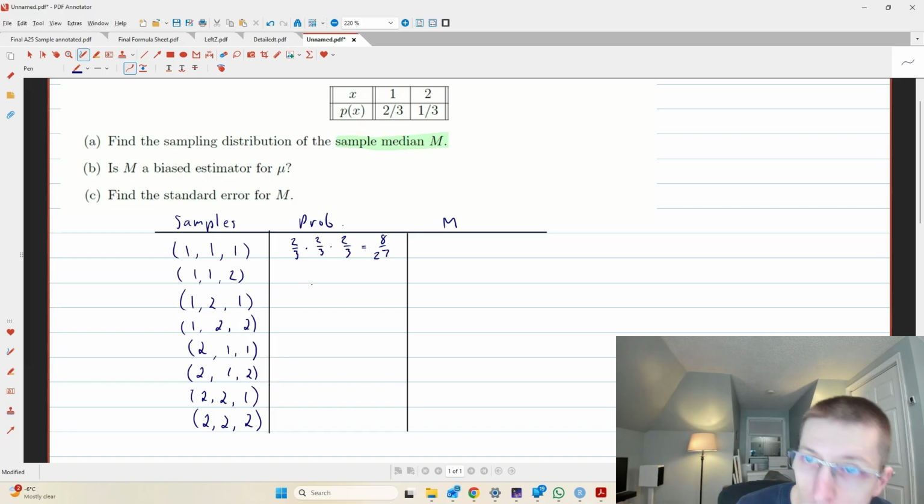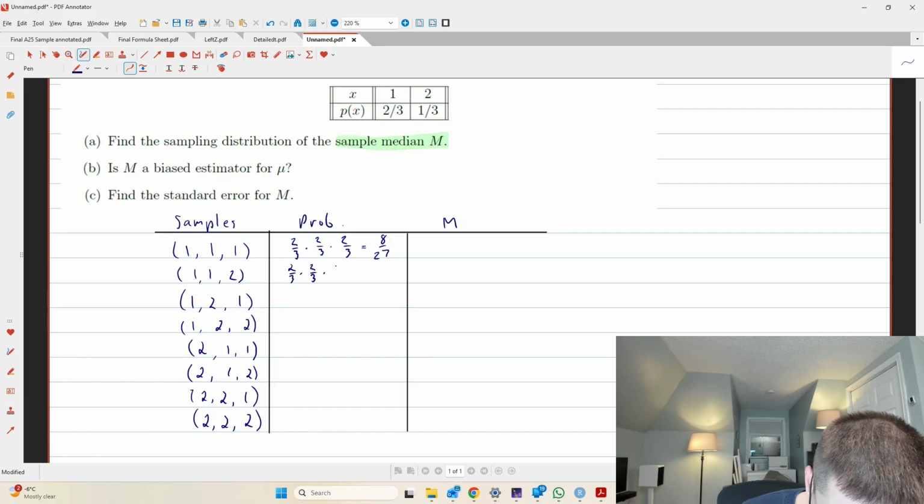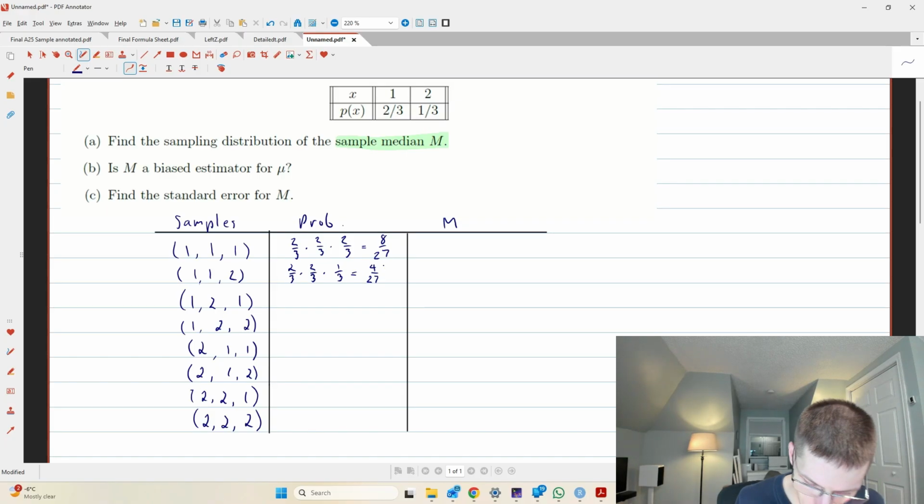And 1, 1, 2 is 2/3 times 2/3 times 1/3, since 2 happens with probability 1/3. So we get 4 over 27. These events are independent, so I'm using the multiplicative principle for independent events and taking the product to find the probabilities.